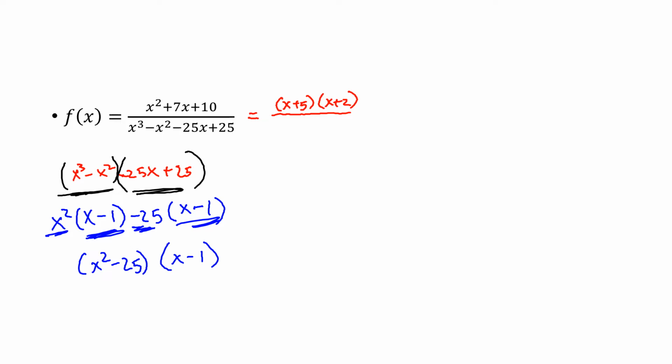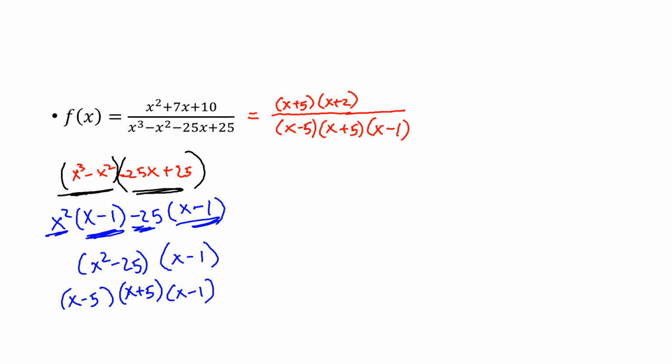Because x squared minus 25 is the difference of squares, we can factor it even further. So this will factor as x minus 5 and x plus 5, and we still have x minus 1. So our complete factorization would contain x minus 5 and x plus 5, as well as x minus 1 in the denominator.